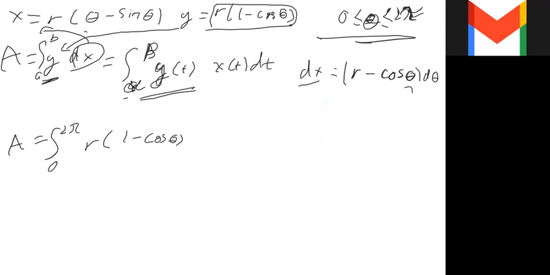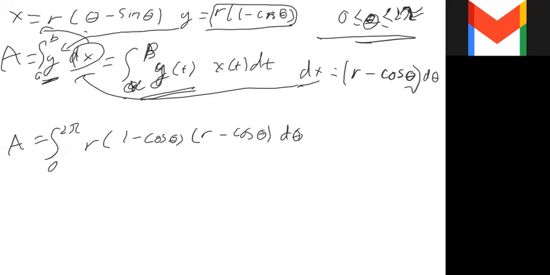Maybe there should be a bracket. Okay, now substitute that in. That will be dx, right? So in dx, yeah, r(minus cos theta) d theta. Okay, so that is the equation that we have right now.